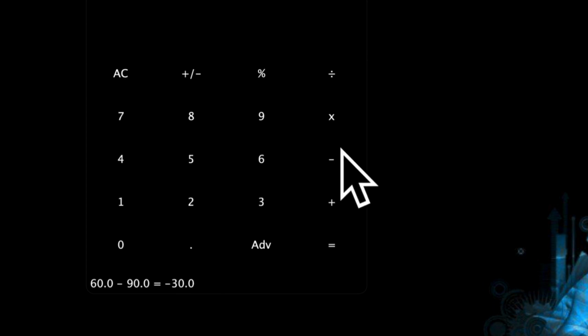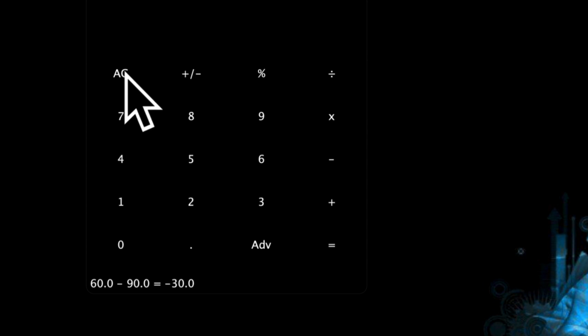All the buttons work just fine except these three buttons. I will not do this advanced button, but I will do this, which will give us any number to its negative equivalent.